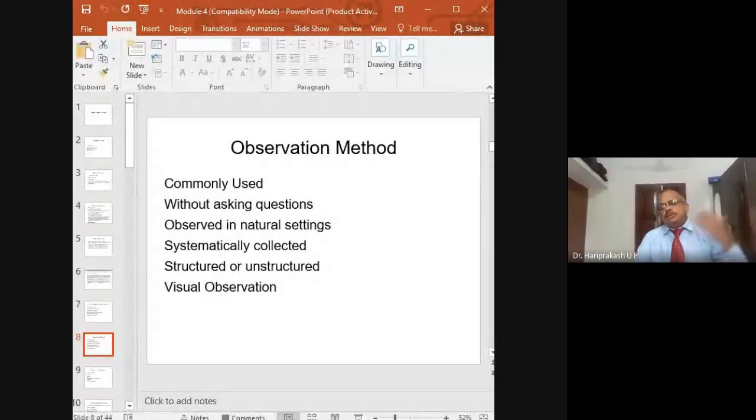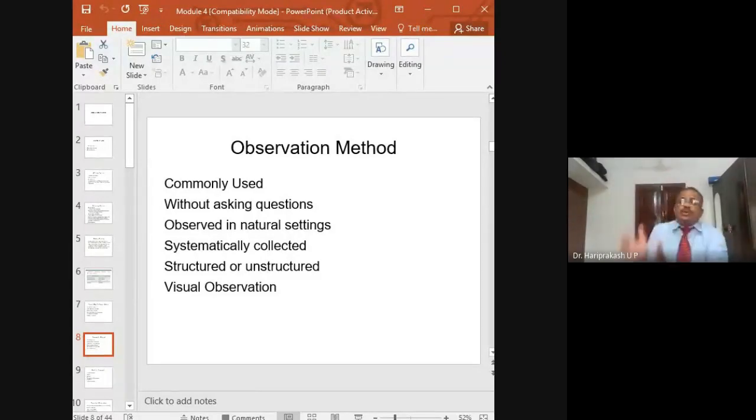So all this observation data about the movement of the customers and their behavior is collected over a period of time, for a certain duration. Maybe some months, 1 month, 2 months, 3 months, 6 months, 1 year, any length of time, depending on the study. Then it will be analyzed.